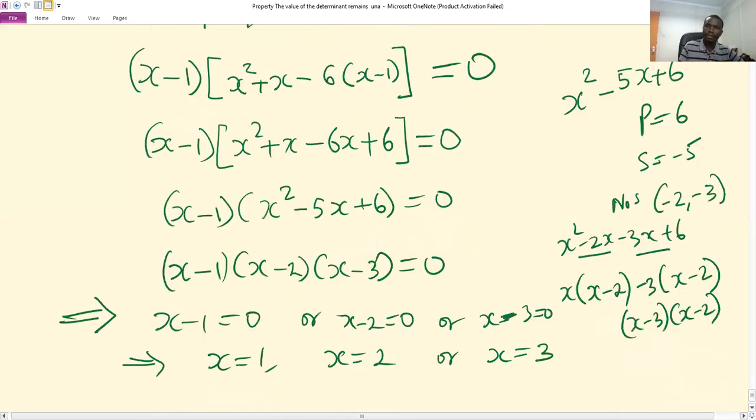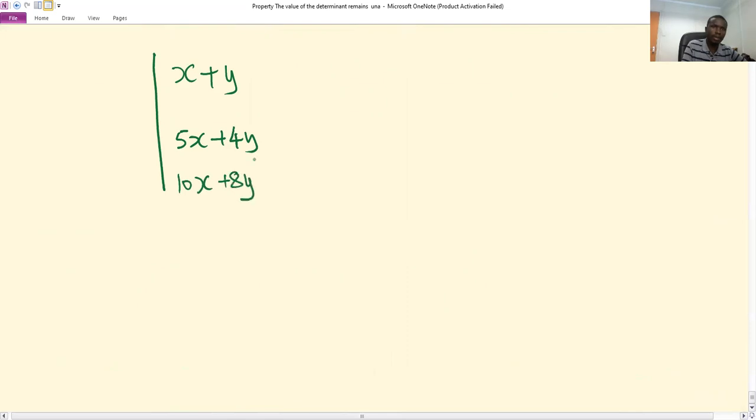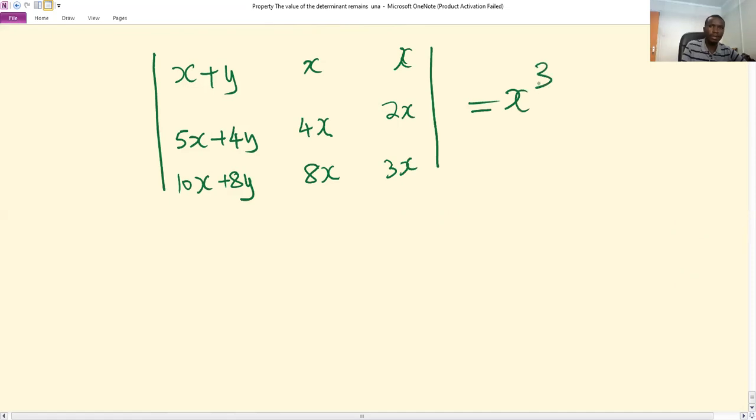And lastly, number 2, we have to show that this determinant, x plus y, 5x plus 4y, 10x plus 8y; x, 4x, 8x; x, 2x, 3x, equals x to the power 3.